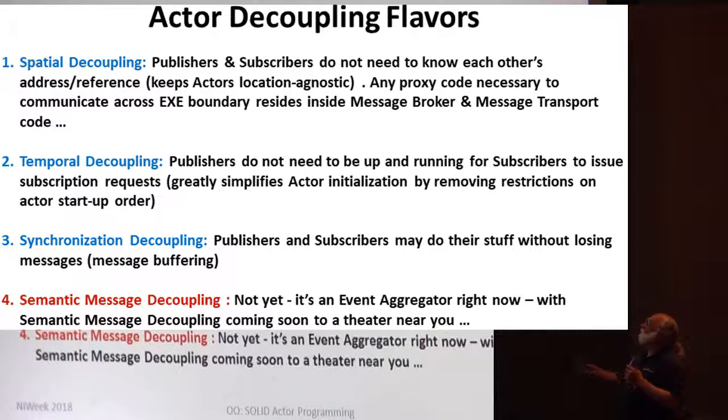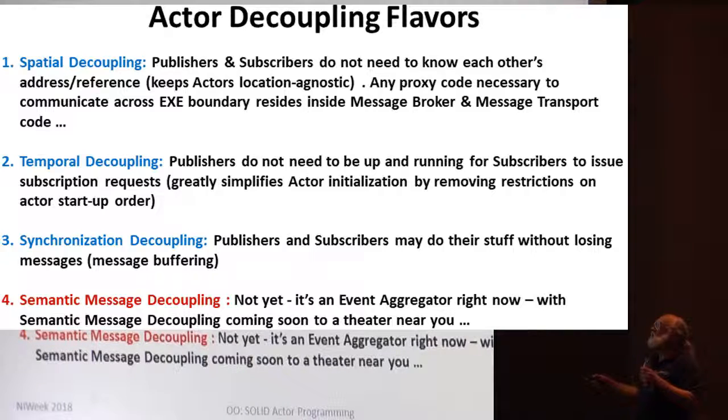There are 4 types of decoupling. There is actor decoupling and spatial decoupling: publishers and subscribers do not know about each other, they're decoupled through the message broker. Temporal decoupling: the publisher doesn't need to be running for the subscriber to subscribe.